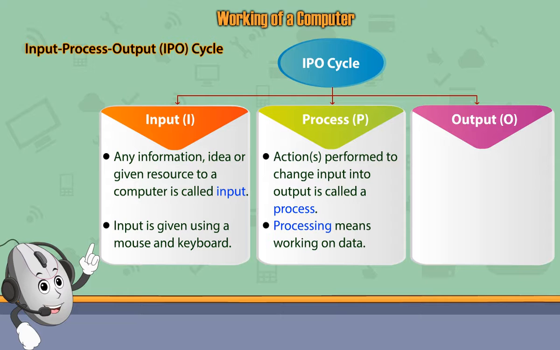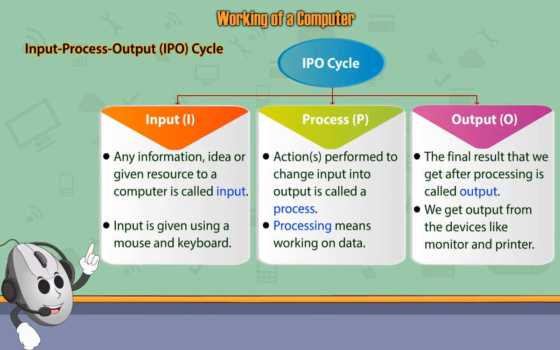Processing means working on data. Output O. The final result that we get after processing is called output. We get output from devices like monitor and printer.